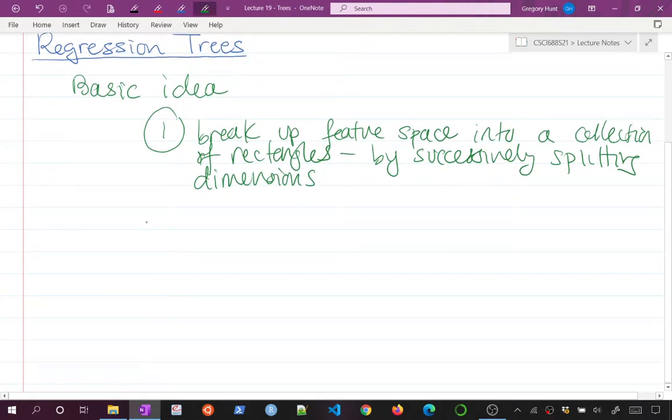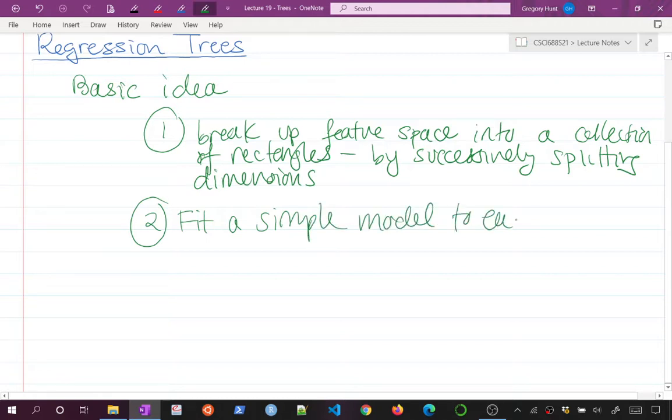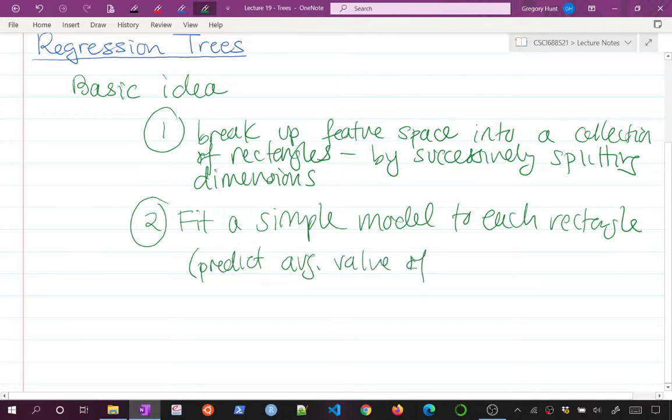And our second step is then going to be to fit a simple model to each rectangle. In the simplest case, which is the one we're going to talk about, we're going to predict the average value of the training data in each rectangle.